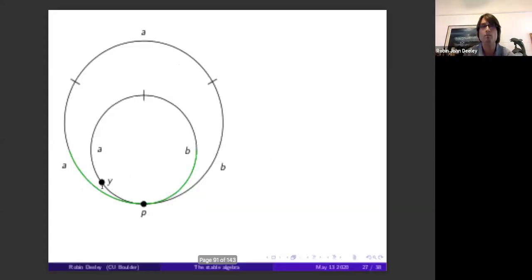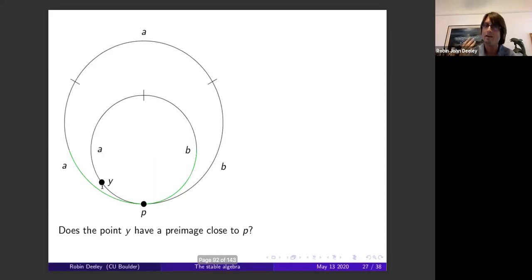Okay, so we look at a point sitting here, right? And we want to ask ourselves, this point is close to P, right? It's within the threshold I want of P. And I want to now continue it in a way where all the points after it are also close to this point P. So I have to look at its pre-images and not only find a point on the wedge of two circles that maps to it, but also one that is close to the point P, right?